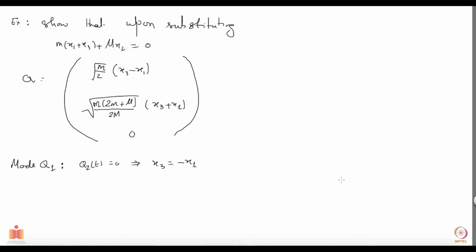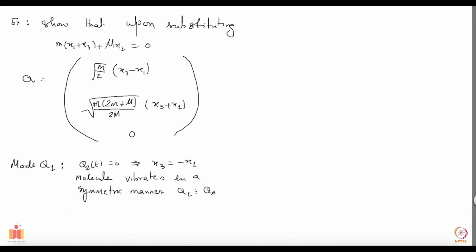The molecule vibrates in a symmetric manner. I can also rename my Q1 to Q symmetric. So that's the symmetric mode.